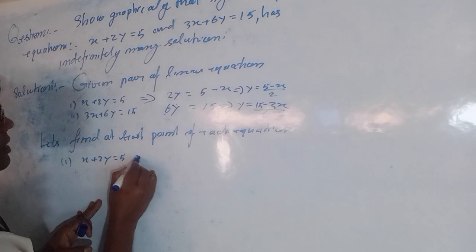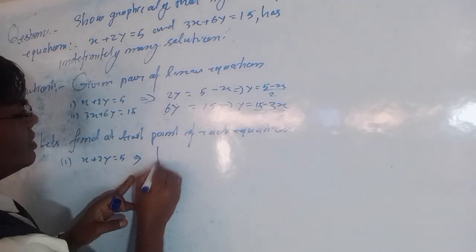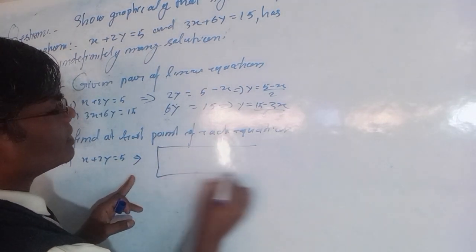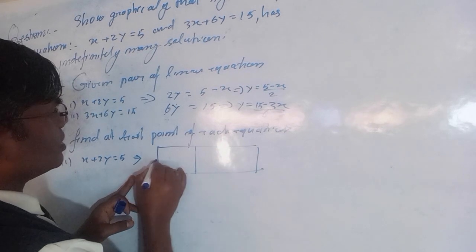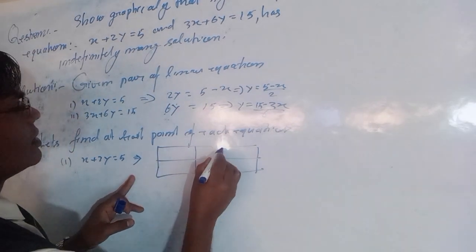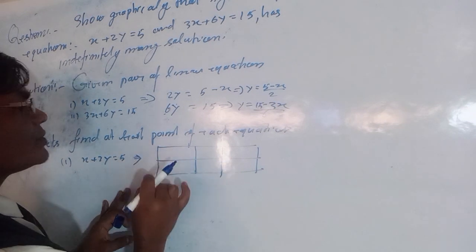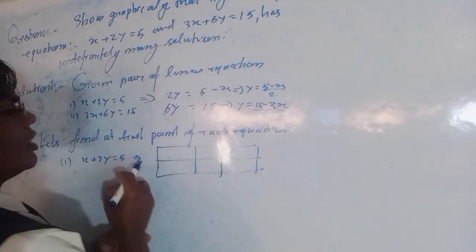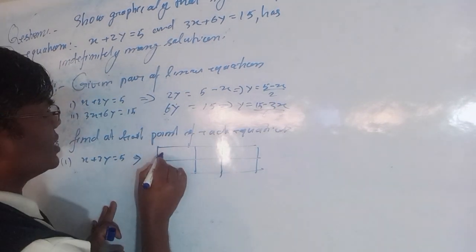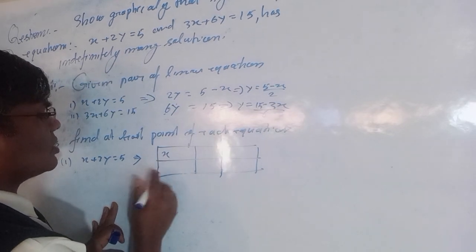Draw a rectangular box and make columns and rows: 2 columns and a row, x in one box and y in the second.